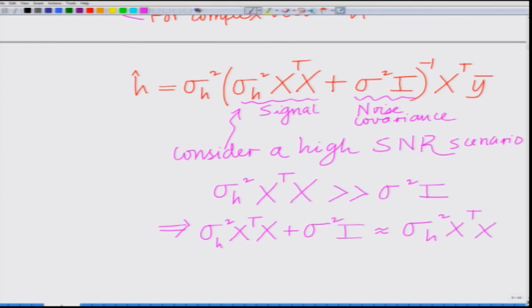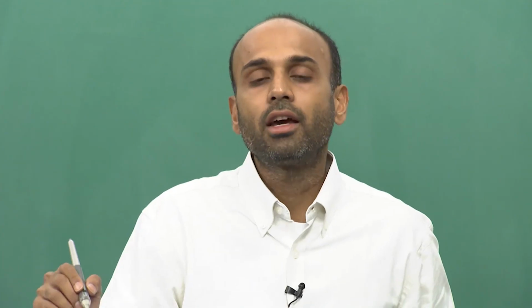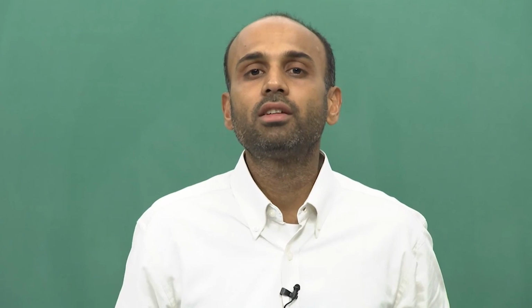Okay, because the noise power or noise covariance is insignificant compared to signal covariance, I can approximate this quantity sigma h square x transpose x plus sigma square identity simply by sigma h square x transpose x.